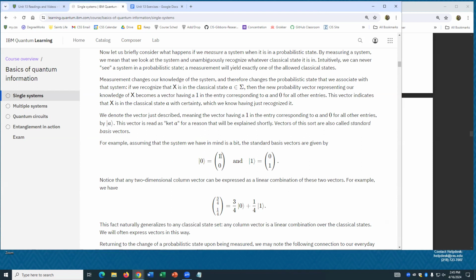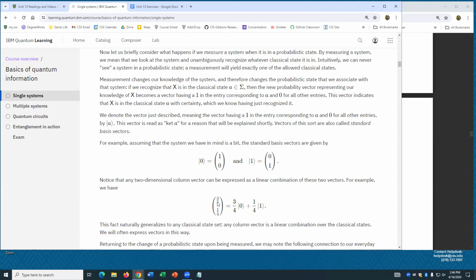So we put a 100% chance that the 0 is there, and a 0% chance that the 1 is there. And then in a normal bit, this is a 0% chance it's 0, that's the top part, and a 100% chance on the bottom, or that it's a 1. Because again, we have this vector, the top is the 0 and the bottom is the 1. So this will relate to that.